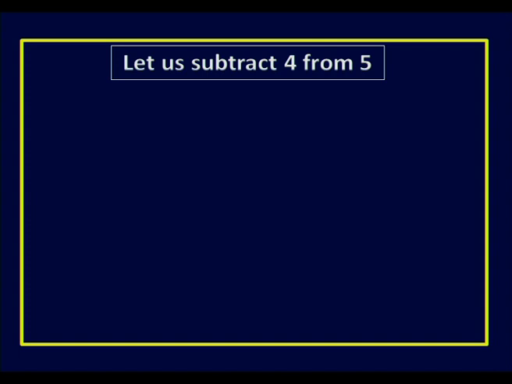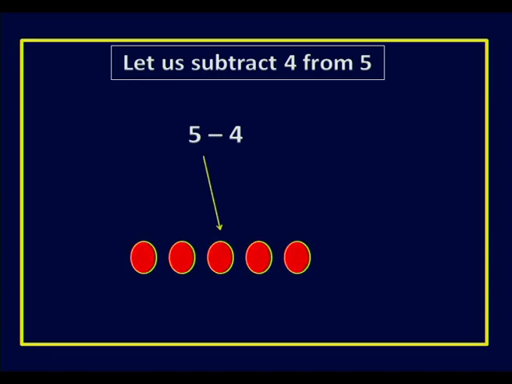So, let us take an example, children. Let us subtract 4 from 5. Here we have started with two positive numbers, right, children. So, we take 5 minus 4. 5 represents 5 red coins. Similarly, we have a positive number subtracted from another positive number, that is 4.